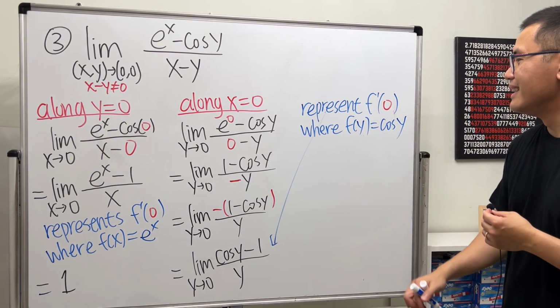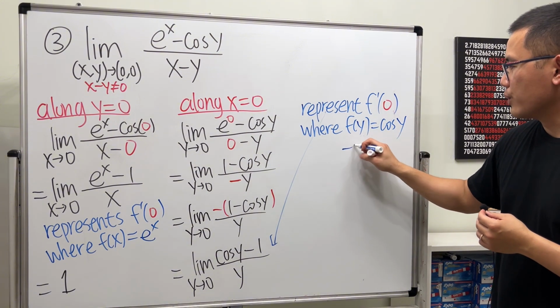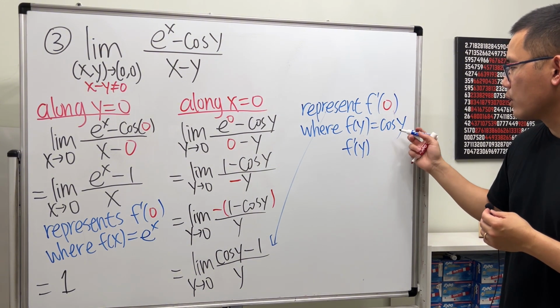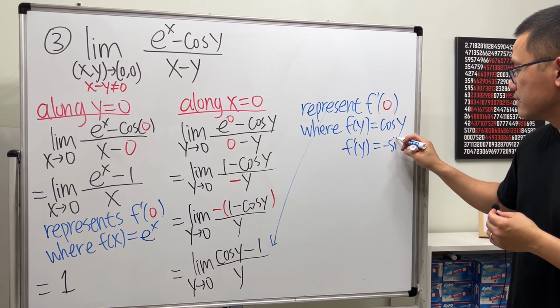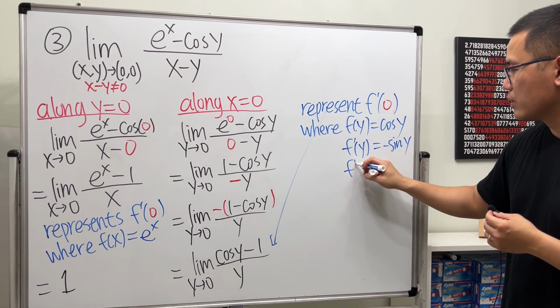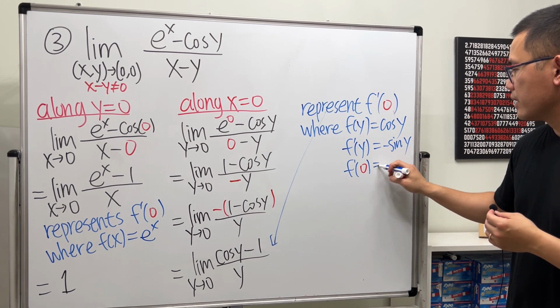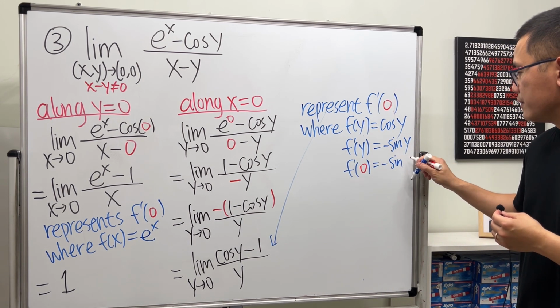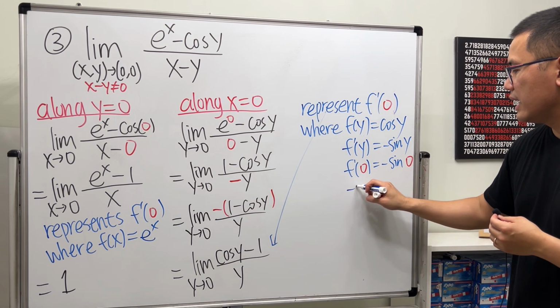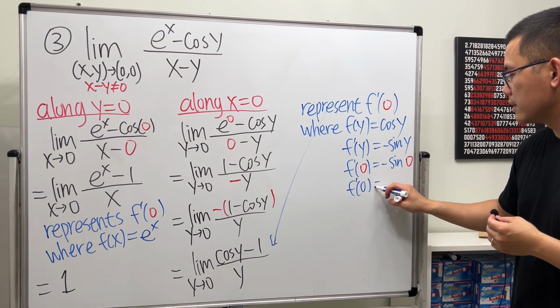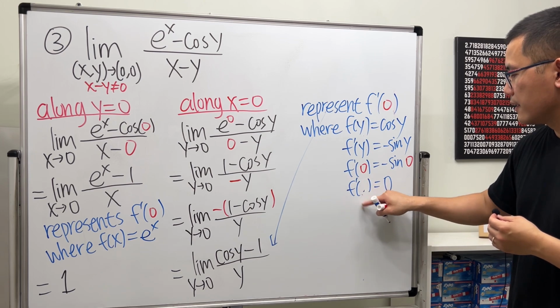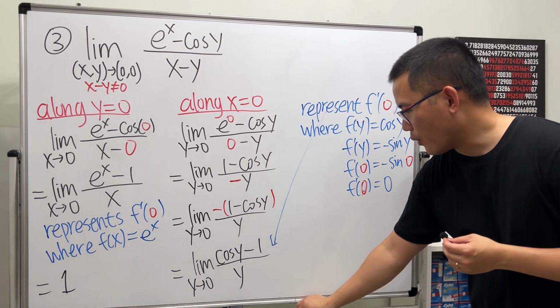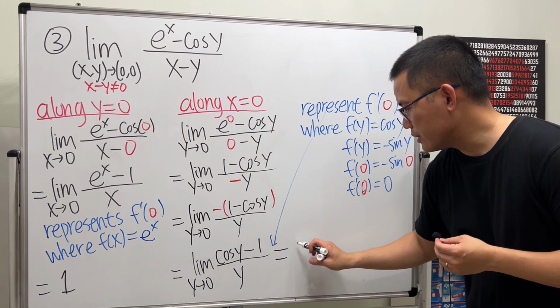Doesn't matter that much though. All right, and then if you differentiate this real quick, the derivative of cosine is negative sine y, and then plug in 0, then you get negative sine of 0, which is 0. Therefore, this limit here is actually equal to 0.